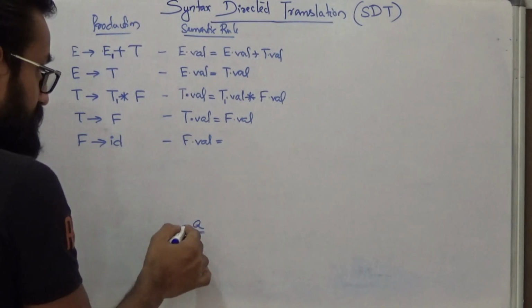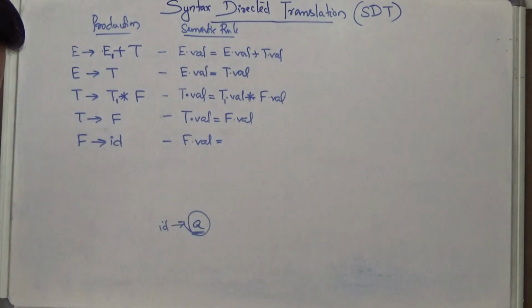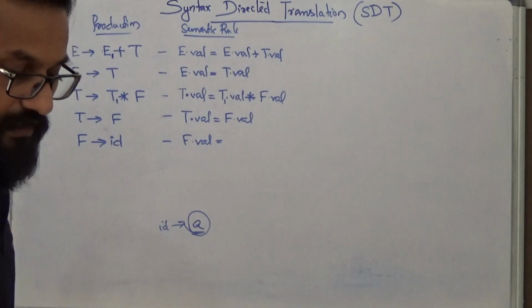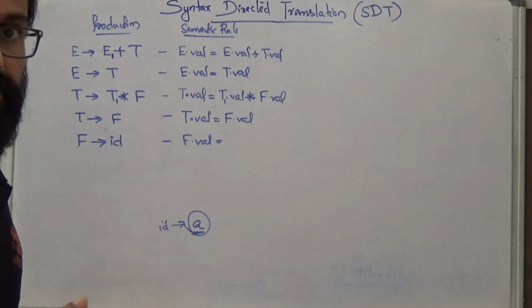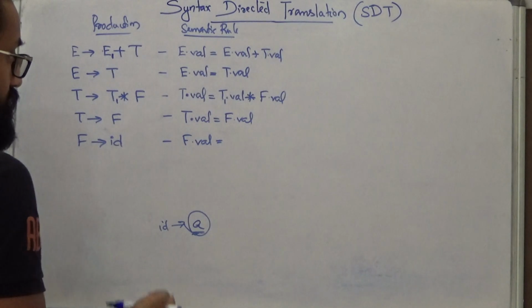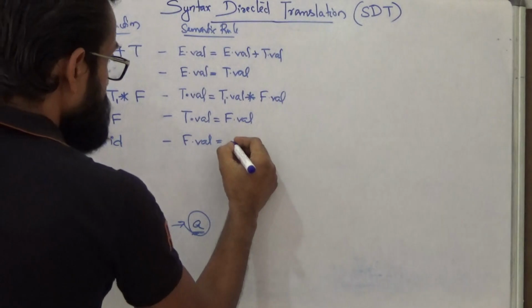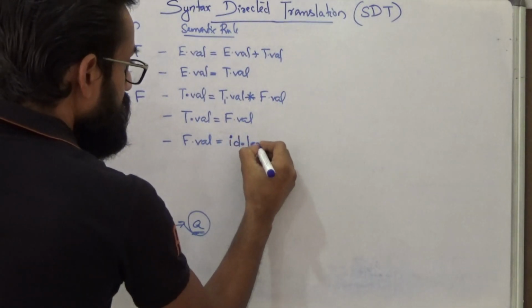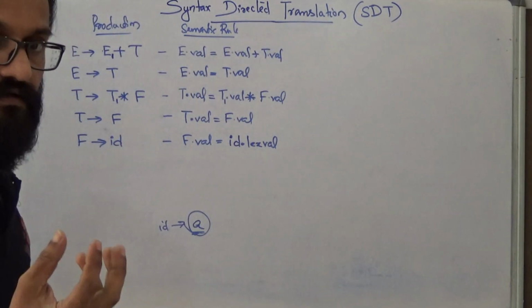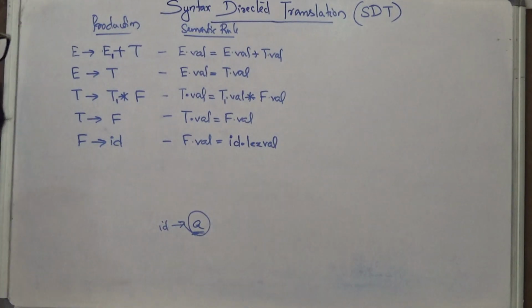So this id represents the token identifier whose lexeme is a, and in your program, a must have some value assigned to it, and that value will be referred to id, represented as id.lexval, because the value is determined during the lexical analysis phase.